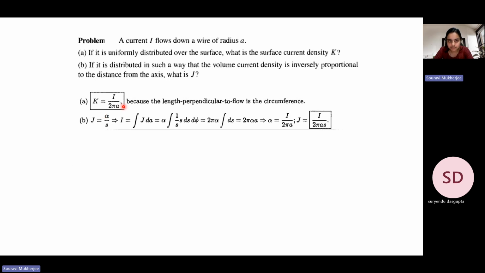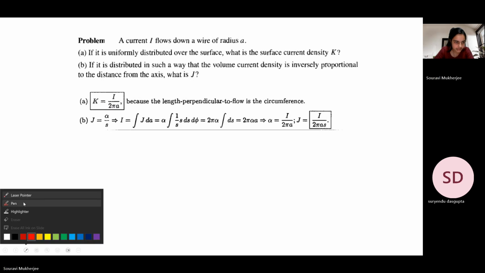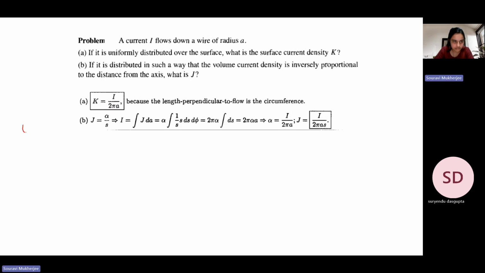If you have a surface current density, basically not volume but surface current, that is different from a volume current. Now it's a surface current, so your current is flowing through the surface. You have to break the current into small segments like this.